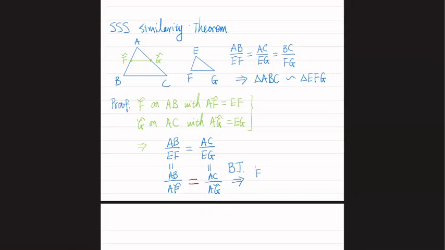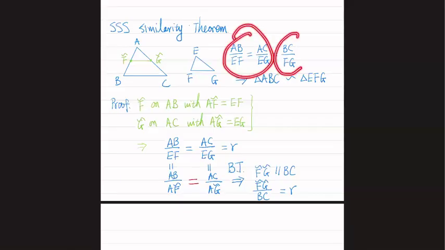FG parallel to BC and the ratio of AF over AB, if I call this R, AG over AC is also R. Now we have used the first pair, but we haven't used this. If this is R, this is also R.